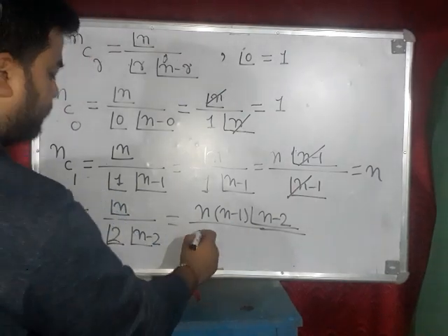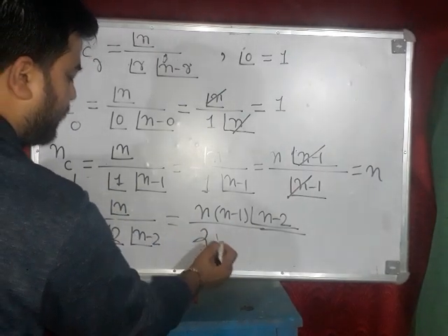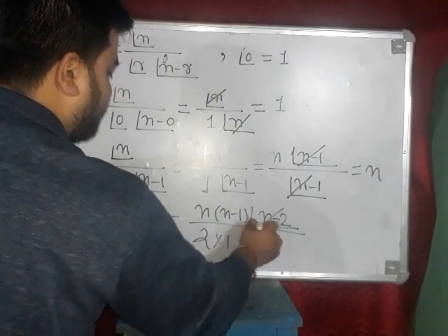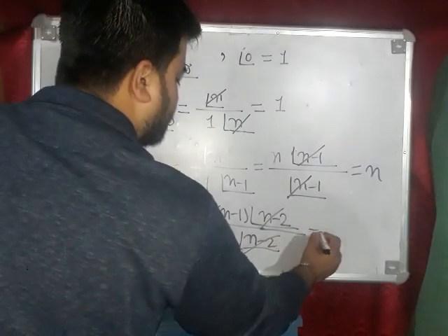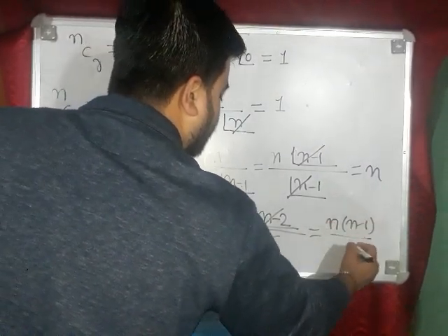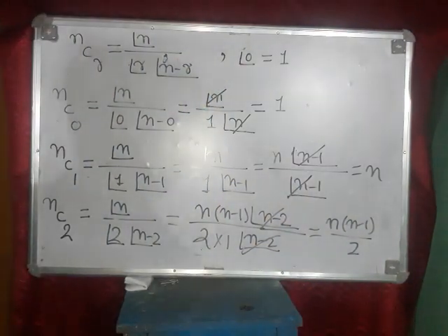Opening factorial 2, it is 2 into 1, into factorial n minus 2. Cancel out, so the value comes n into n minus 1 upon 2. You can take a screenshot for making notes.